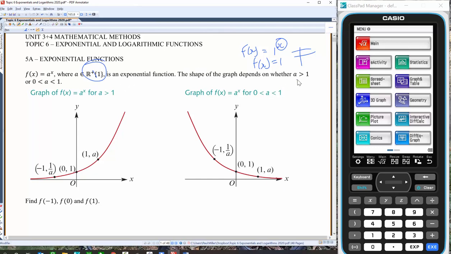The shape of the graph depends on that a value. In terms of COVID-19 spreading, if a was greater than 1, or people who were spreading it were giving it to more than one person, we were going to start to get this exponential growth. So what the government tried to do is take the a value and make it so that it was between 0 and 1.